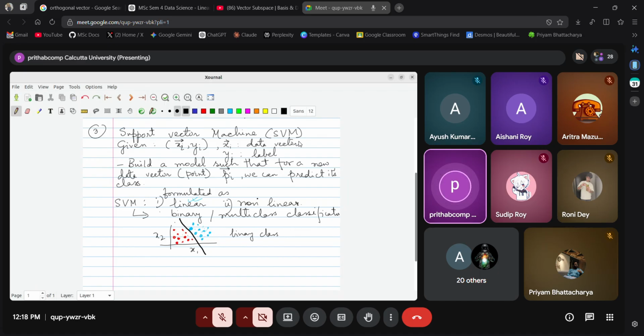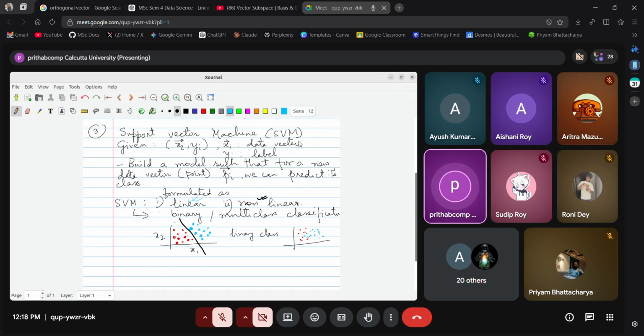Obviously, if you have a non-linear case, then the boundary is no more a line, but a non-linear structure. For example, suppose you have this kind of thing.